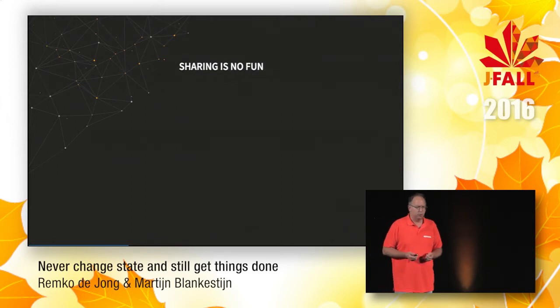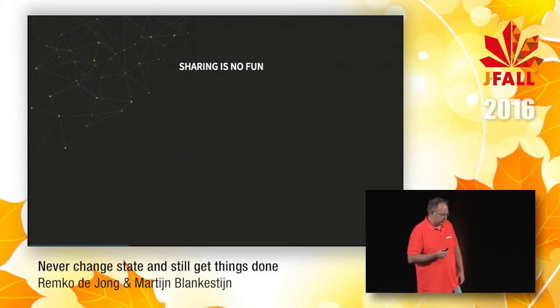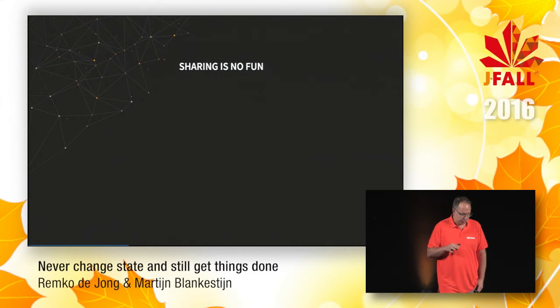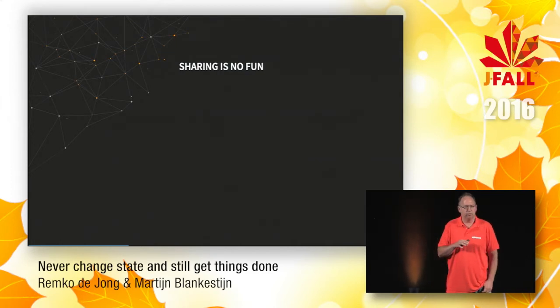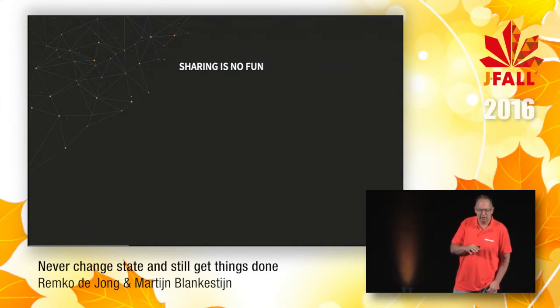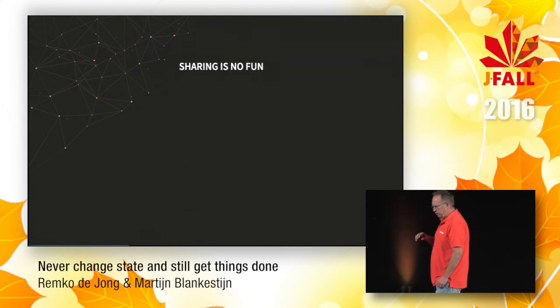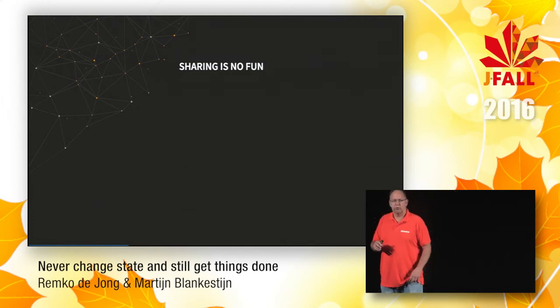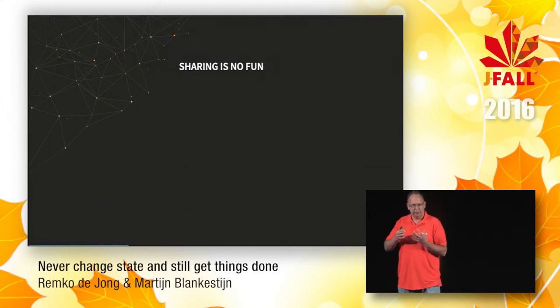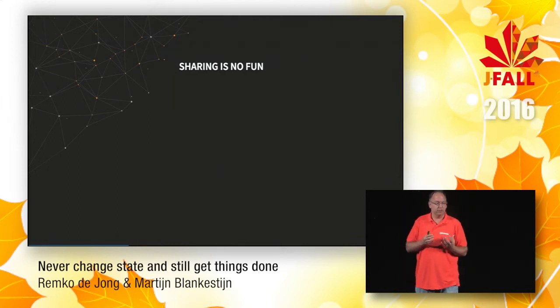And what are the problems? Well, part of it is with all that mutable state, sharing is no fun. We learned that at kindergarten. And if you go to concurrent programs, if you have mutable state, that's nasty if state is being shared.